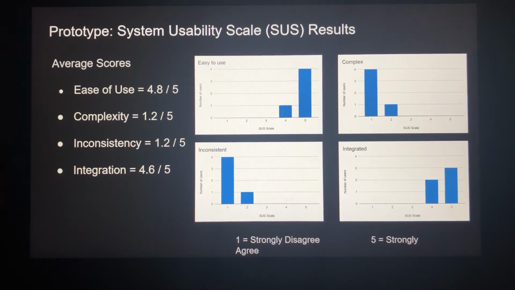For inconsistency, we had a 1.2 compared to a 3.1 in the first one. And for well integrated, we had a 4.6 compared to a 2.9. So really a significant increase in the system usability score for the second prototype.